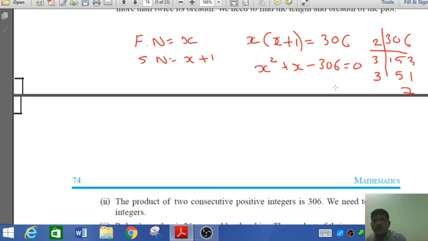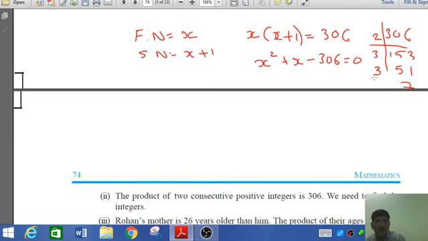So we have to make a plus 1. How is it possible to get plus 1? 18 and 17. The question is to find the integers: product of two consecutive positive integers. So x square plus x minus 306. 2 1s are 2, 5, 2, 3. Again here it is a mistake. Here we have to write 2.